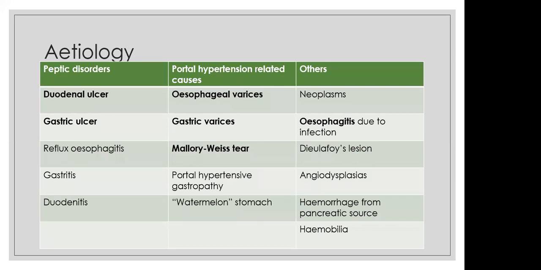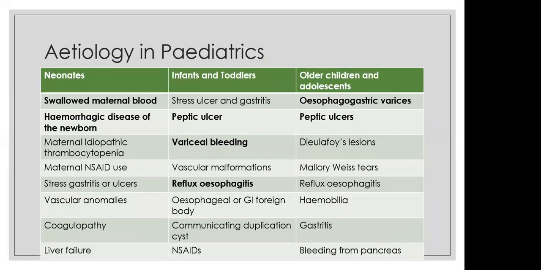As far as the different causes of upper GI bleeds, these are the ones that I am going to mention, and the ones in bold are the most common ones. And this is for adults. And then when it comes to pediatrics, in neonates, the most common ones are the ones that I've mentioned in bold.